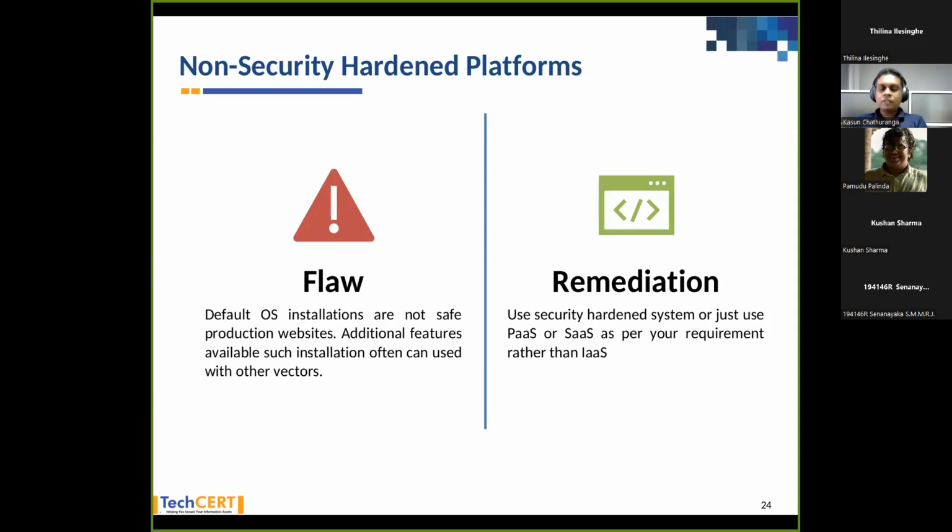The major flaw, actually, let's take bad practices. People are still using non security hardened platforms to host their website.